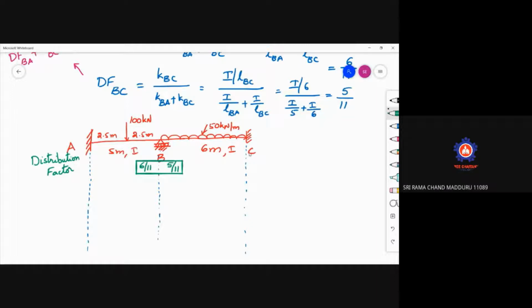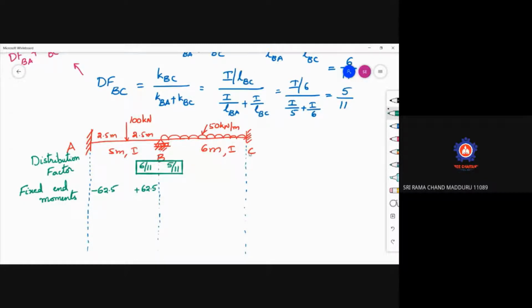So now after this distribution factor, write down fixed end moments. So what are the fixed end moments? Here the value of MFAB is equal to minus 62.5 kilonewton meter, and this is plus 62.5 kilonewton meter for MFBA.